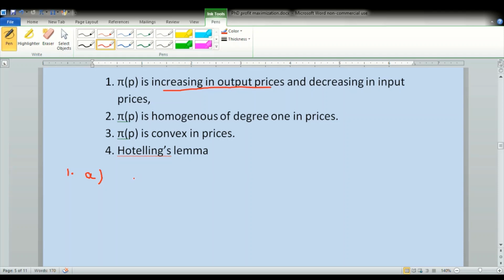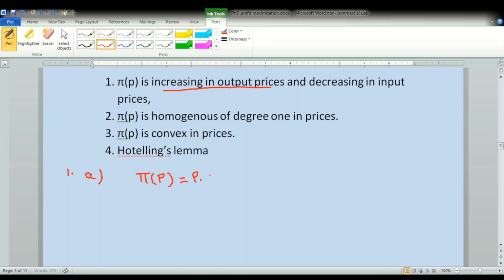So let's start with a price vector P such that at this price vector we are producing a net put vector which is profit maximizing.